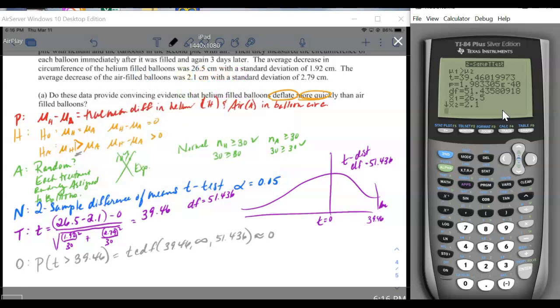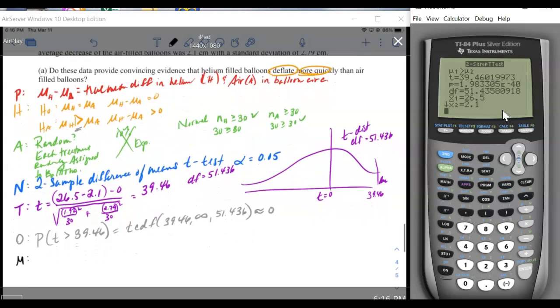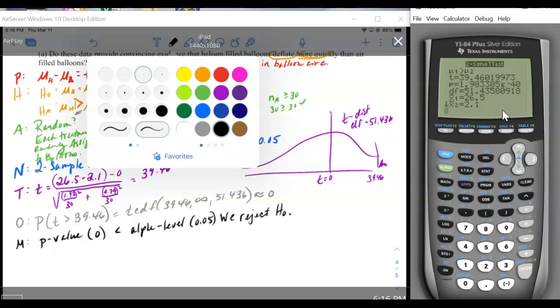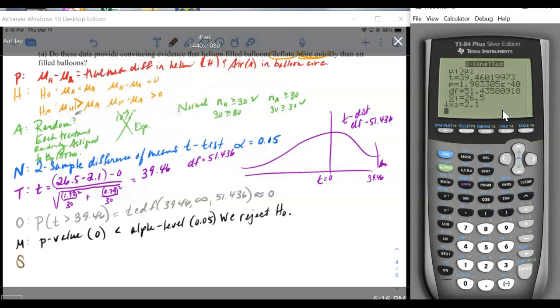And then the last one, make a decision. I guess it's not the last one, we've got a couple more yet. So we have to compare the p-value, which is 0, is less than the alpha level, which is 0.05. We reject the null hypothesis. Okay, and then our last one is, what is our summary statement?